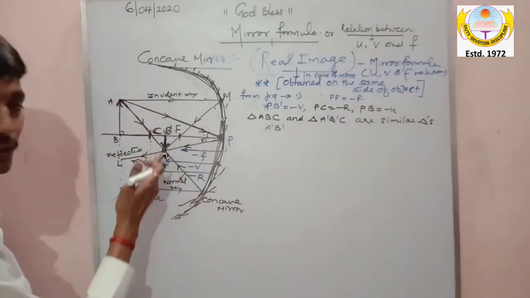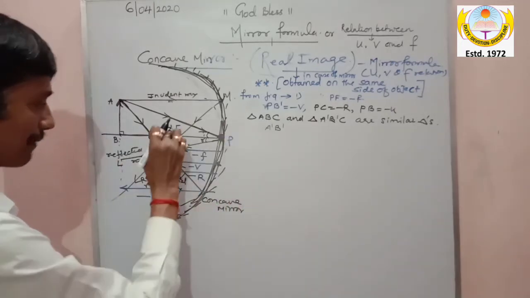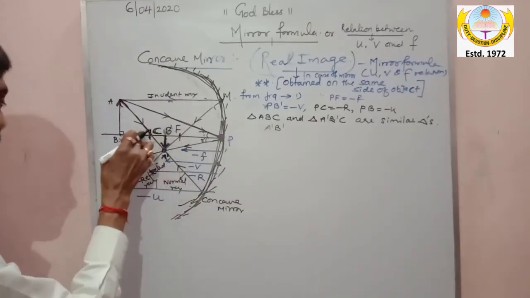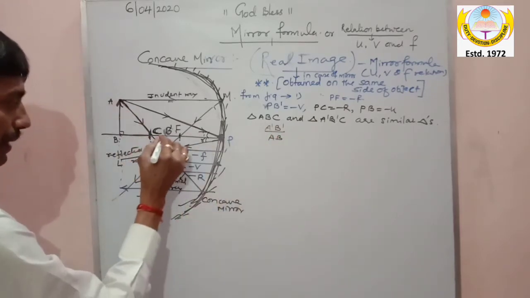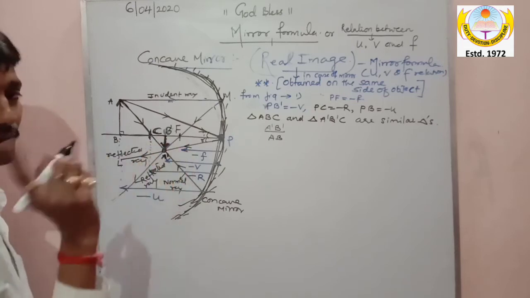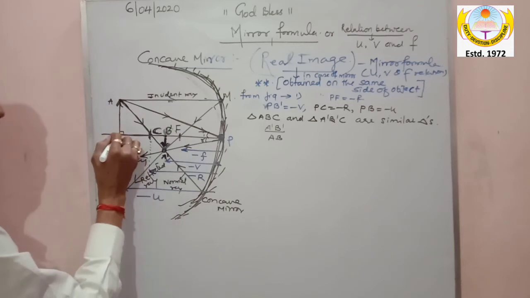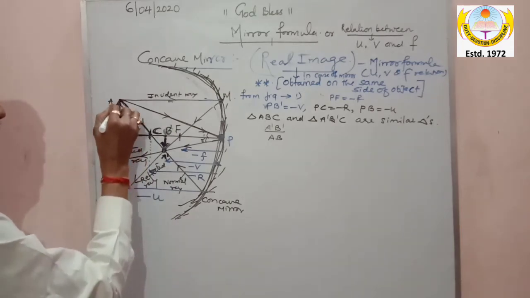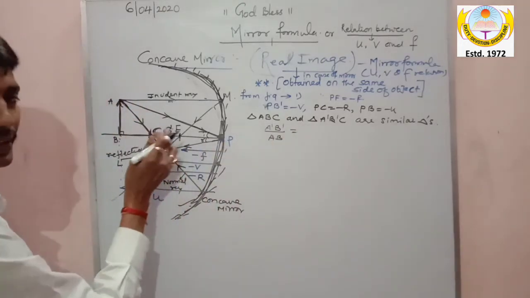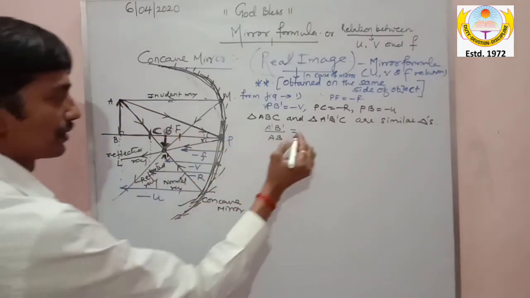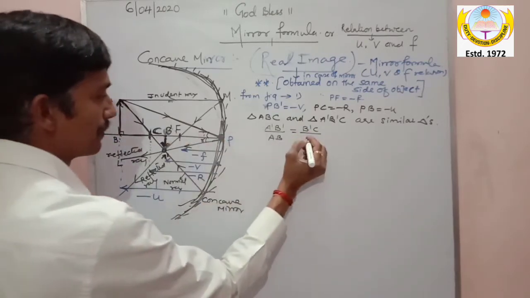That is nothing but the size of the image, class 10th you know. A dash B dash for triangle A dash B dash C, divided by AB in ABC. Equal to, now I have taken the base side: B dash C upon the base BC.